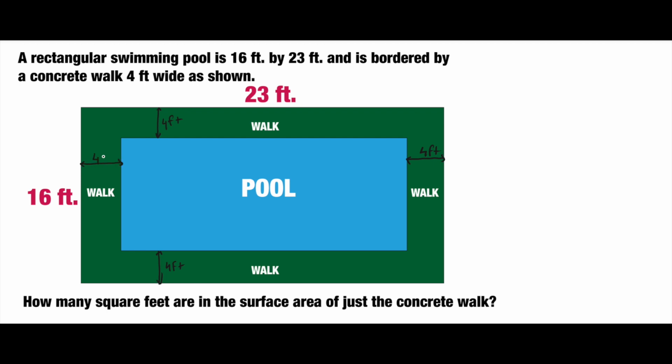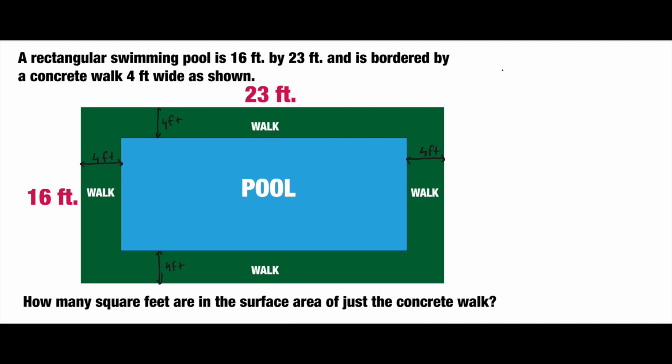So what we need to do in this type of question, if we are asked for the part surrounding another shape, is basically a cut-off. If you see two rectangles here, the green area is the area cut off from the big rectangle area and the small pool rectangle area.